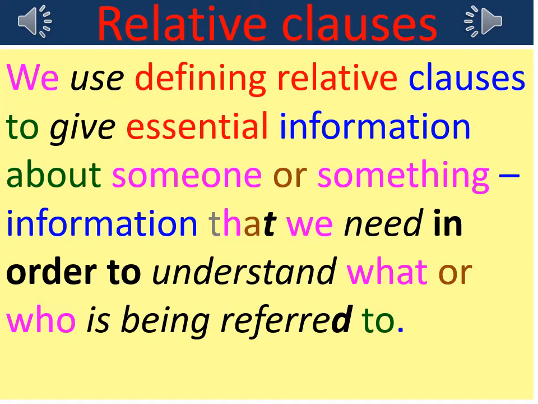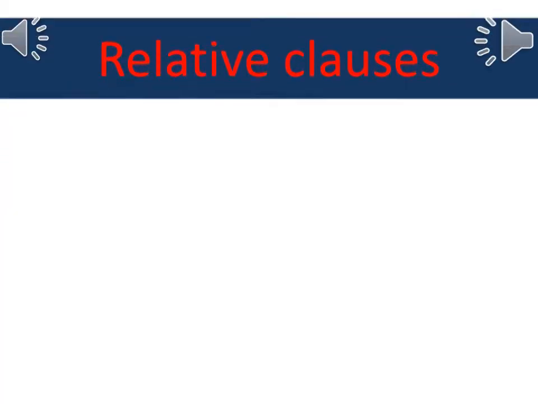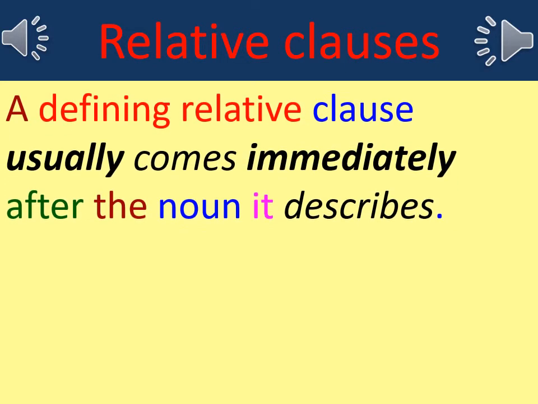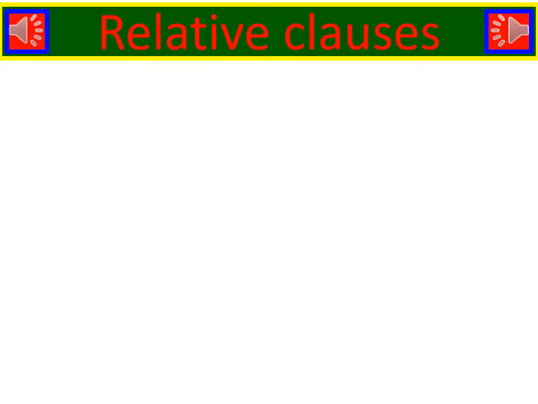We use defining relative clauses to give essential information about someone or something, information that we need in order to understand what or who is being referred to. A defining relative clause usually comes immediately after the noun it describes.